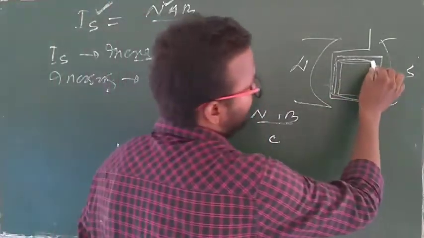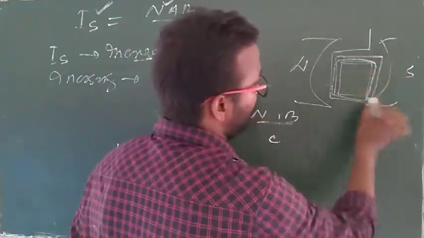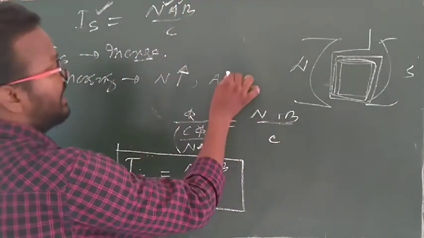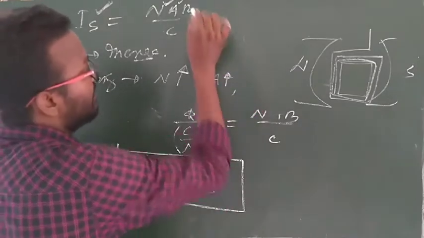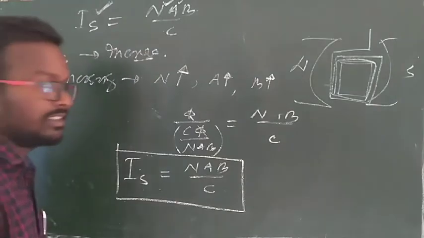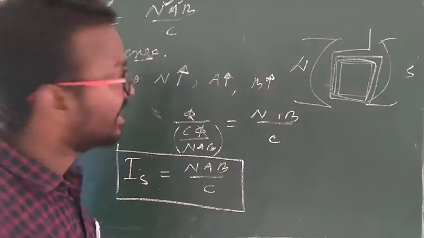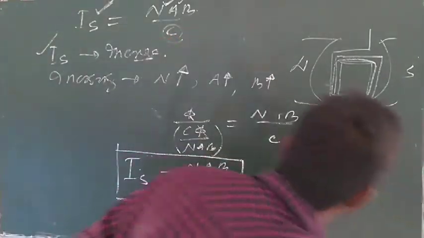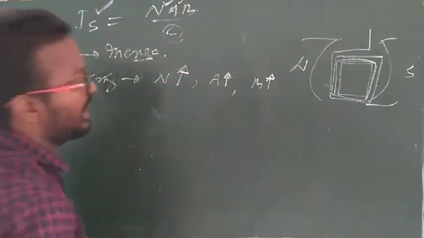If the area increases, it means we have to increase the area of this rectangular loop. So if the area increases, then sensitivity also increases. Next point, if the magnetic field strength B also increases, then the current sensitivity of the galvanometer also increases. What is C? C means the proportionality constant, known as the torsional constant.